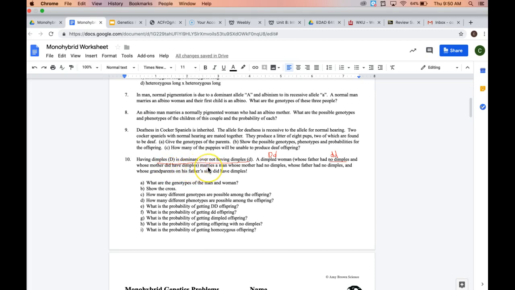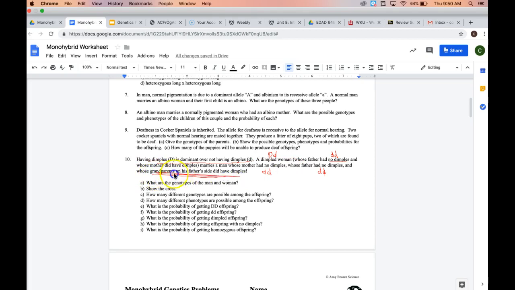Okay, she marries a man whose mother had no dimples. So mother had no dimples, so recessive. Whose father had no dimples, recessive. And whose grandparents on his father's side did not have dimples.